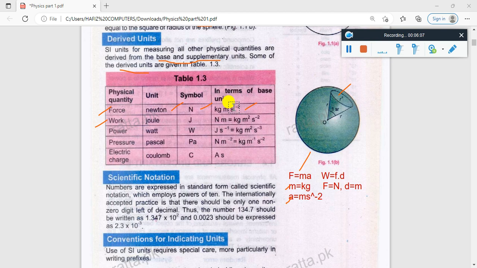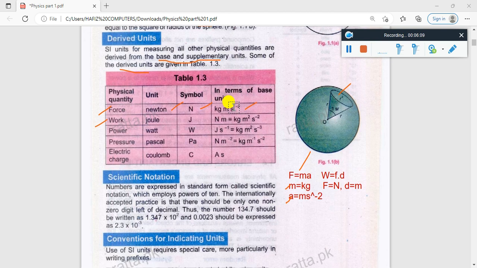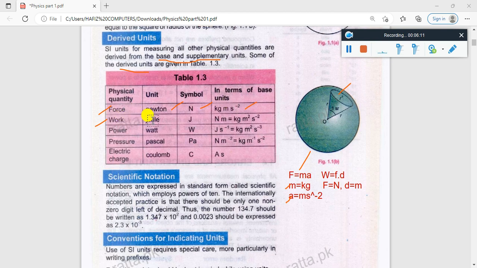This is a derived unit in terms of base quantities. And similarly, the unit of work is joule. Work is defined as F dot d. The unit of force is Newton, and we know that it is kilogram meter per second square. When you multiply this with meter, this will give you kilogram meter square per second square.